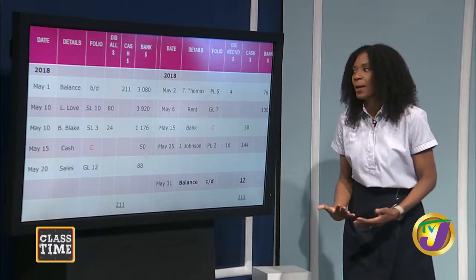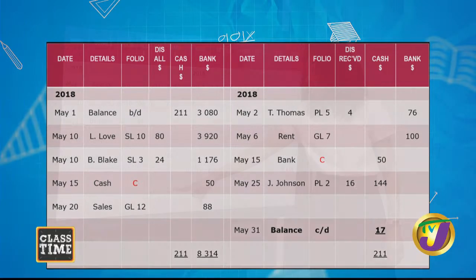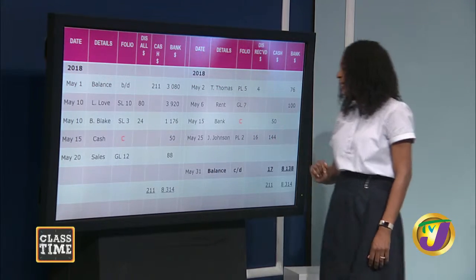So you'll repeat the steps now for the bank. Add the bank columns separately, subtract the answers, record the answer on the smaller side. Now, I'm going to add first the debit side of the bank column to see my total and balance. When I add, I get a total of 8,314.